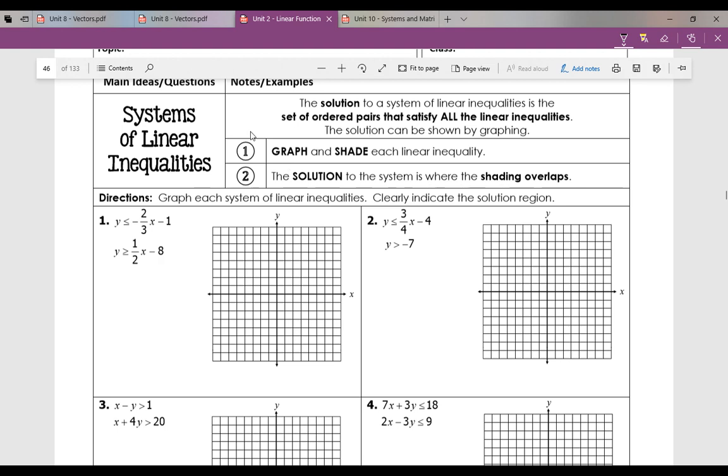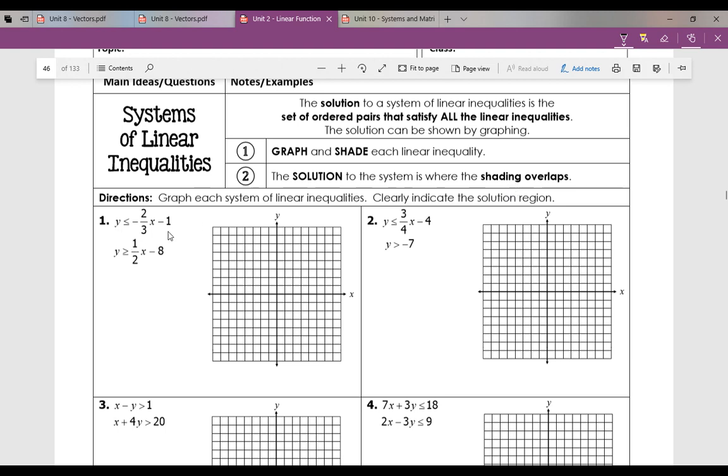So you're going to put everything in y equals mx plus b format, just like we did. You're going to shade either solid lines or dotted lines, whichever the case may be. And then the solution is going to be where the shading of those 2 graphs overlap, okay?